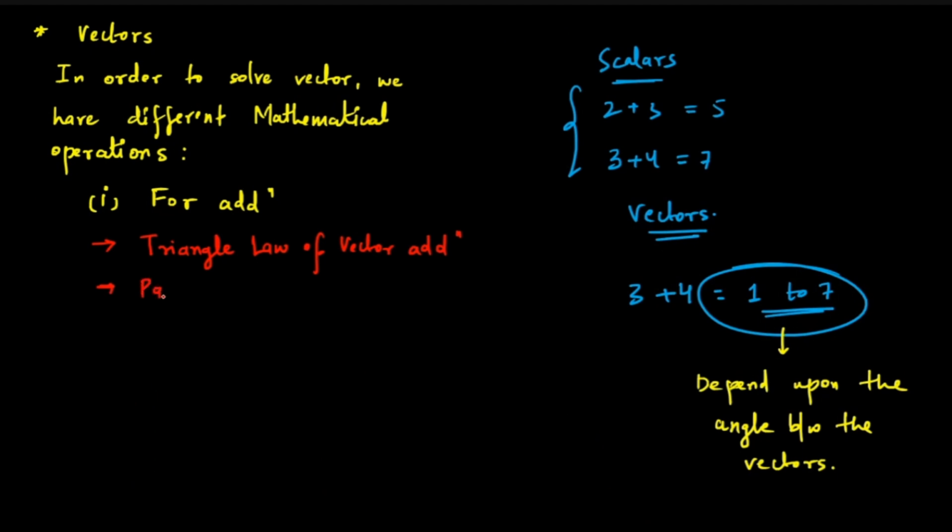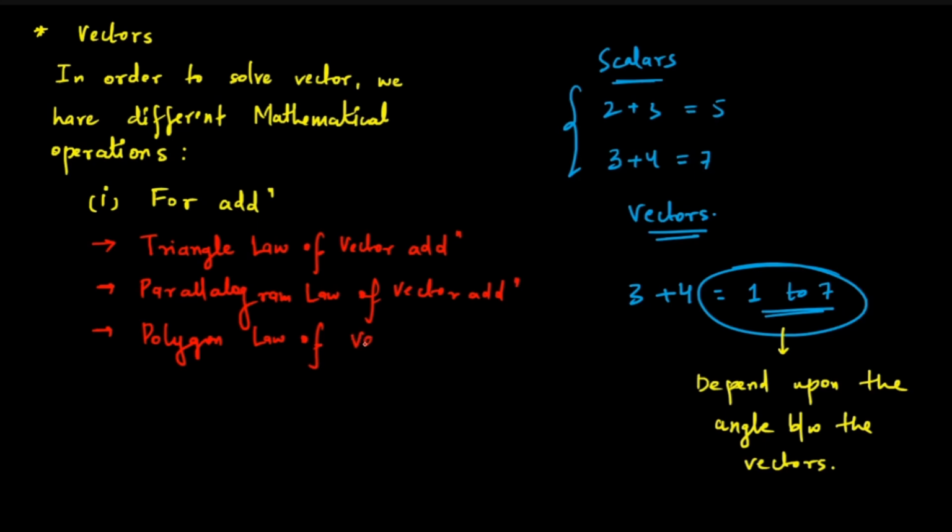No, actually. Then we have the parallelogram law of vector addition. And apart from this, we have the polygon law of vector addition. So vectors are basically added using these three laws. This is not our general scalar quantity. So 3 plus 4 can be 1 sometimes, 7 sometimes, and 5 sometimes. It will completely depend upon the angle between the vectors.